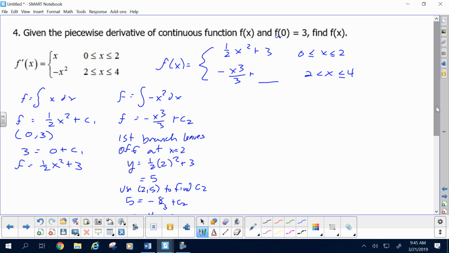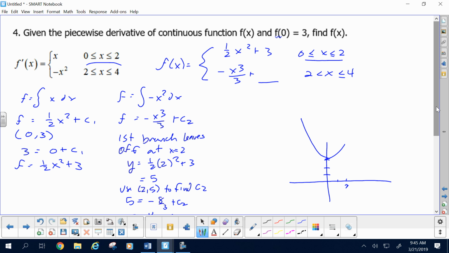So this first graph is a parabola shape that looks something like this. And at x equal 2 is where it is told to stop, right?